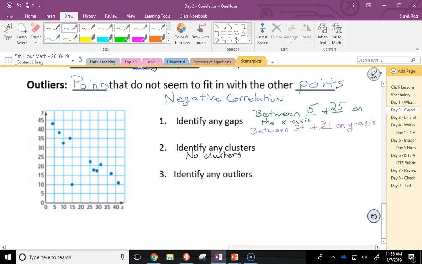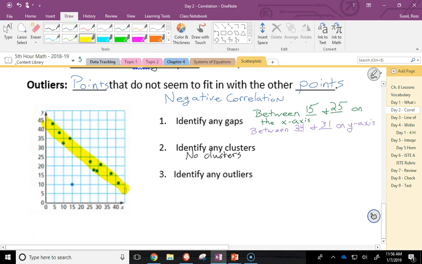Mainly it's a piece of data that does not really seem to fit with the rest of our correlation. If we look here, here's pretty much where my correlation is. All the points are kind of right together in that cluster, if you will. Is there a point that sits outside of that?